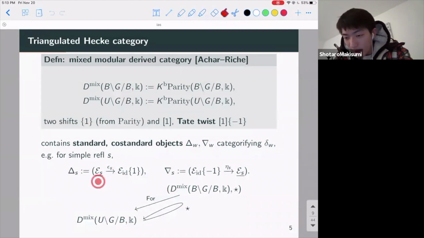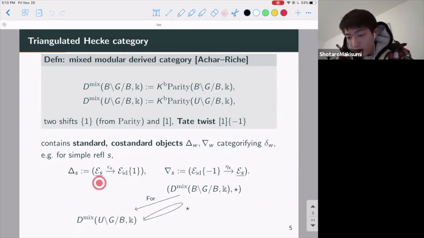These E_s and E_id are the indecomposable parity complexes indexed by s and the identity, but in this case, they're the same as the intersection cohomology sheaves.